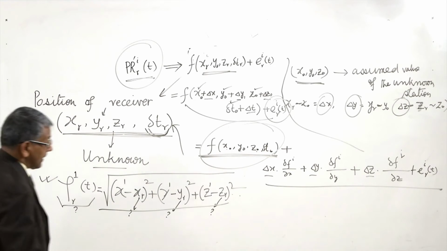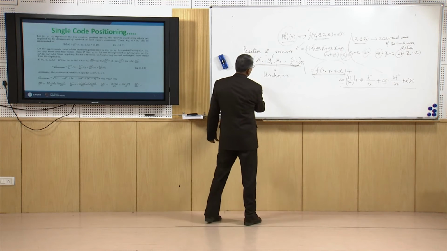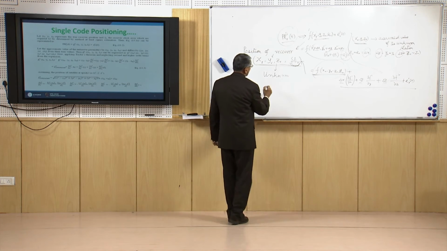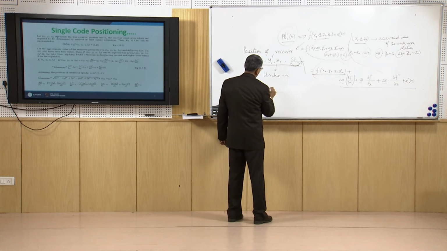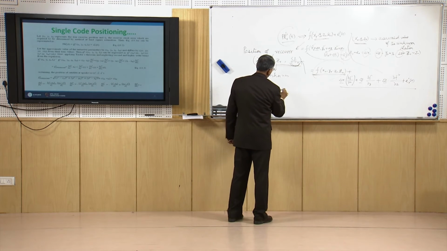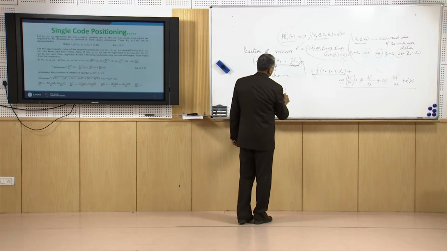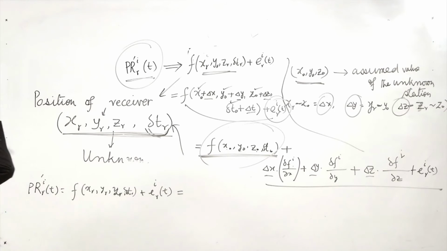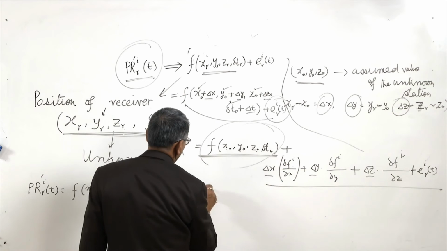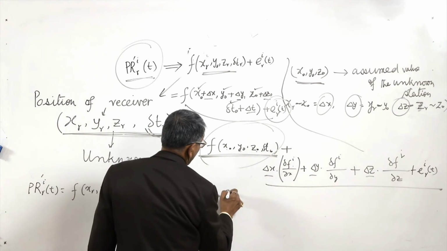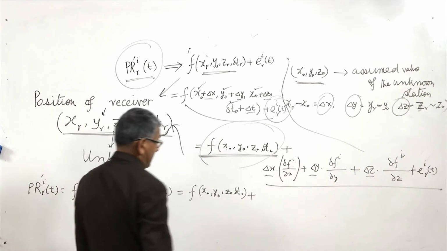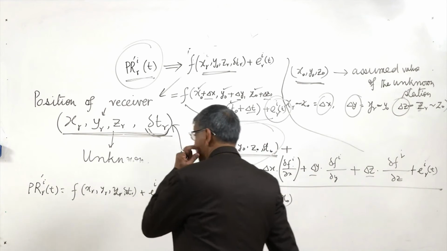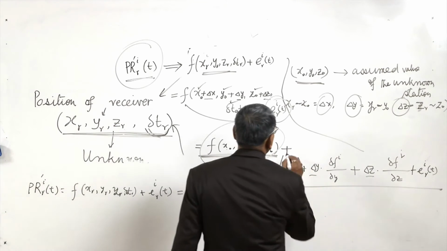Now we can write that P r dash i r t is equal to f of xr, yr, zr, del tr plus e i r t, which is equal to f of x0, y0, z0, del t0 plus del x, where del x means xr minus x0. Now df i by dx, what is this?